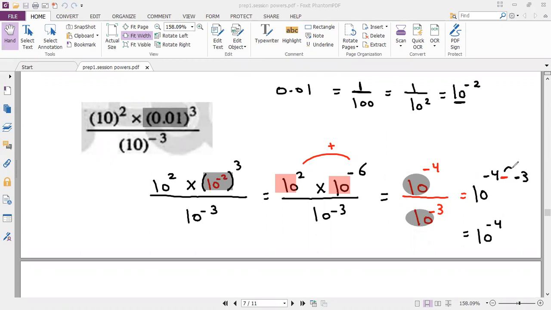And we have negative multiplied by negative here, negative after negative, so it's a positive, +3, equals 10 to the power of -4 plus 3 equals what? -1. And 10 to the power of -1 equals 1 over 10. That's it.